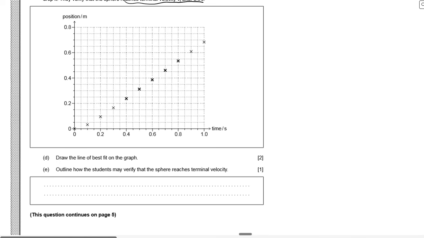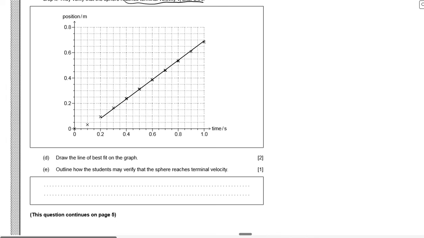Okay, so I don't think we can draw a straight line. And we shouldn't really, yeah. So I think we're looking for sort of a curve like this. But since it reaches terminal velocity, we should have a straight line for most of this. Let me try it.